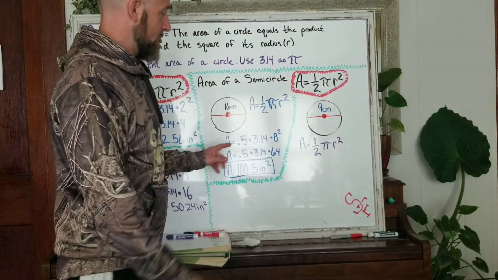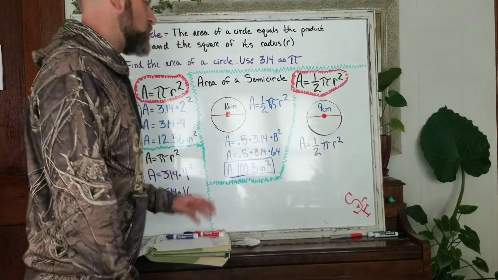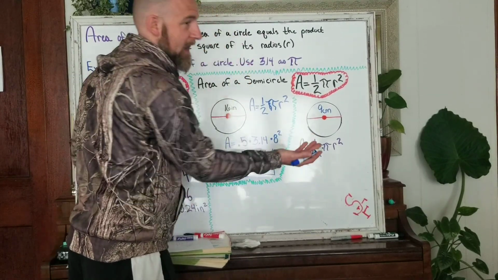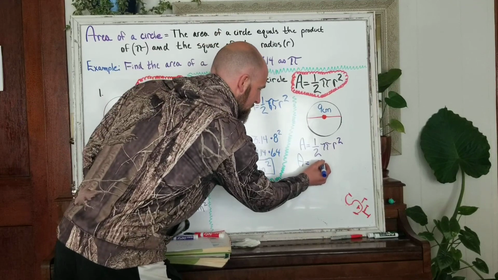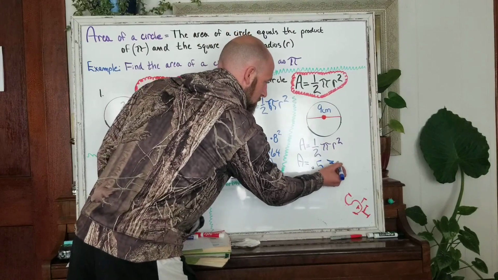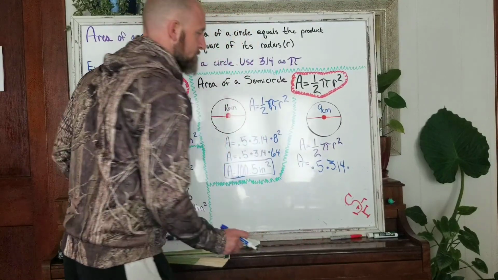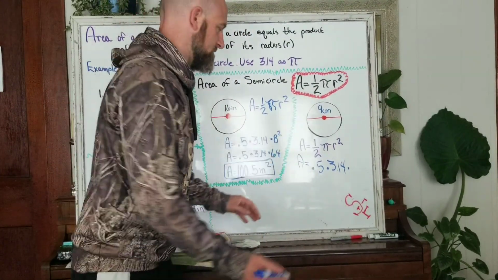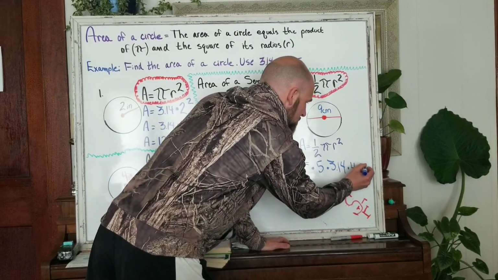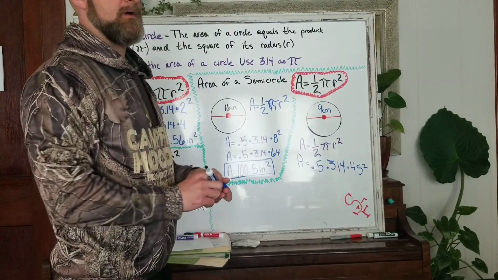Just bear with me. A equals half times pi times the radius squared. We're going to rewrite it right away. A equals, and we take half, written as a decimal, 0.5, times pi, 3.14, times the radius squared. What's half of 9? We have 4.5. 4.5 squared: what's 4.5 times 4.5?